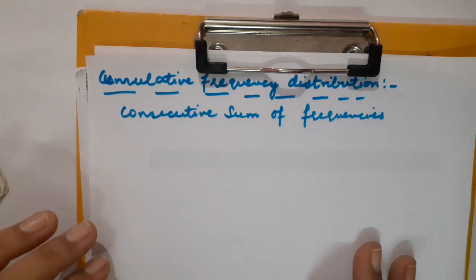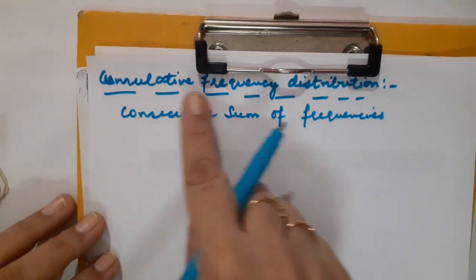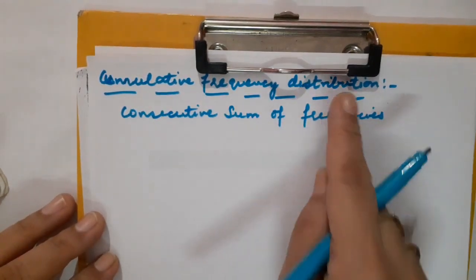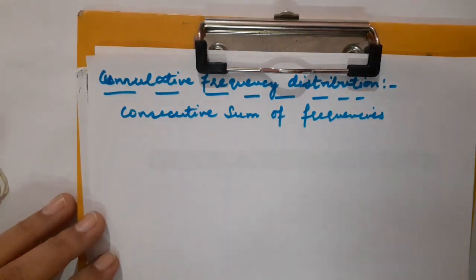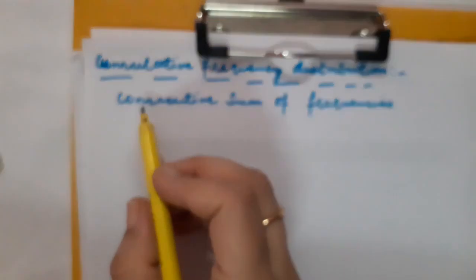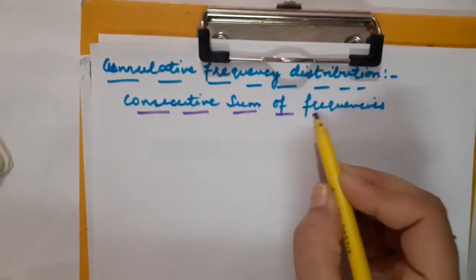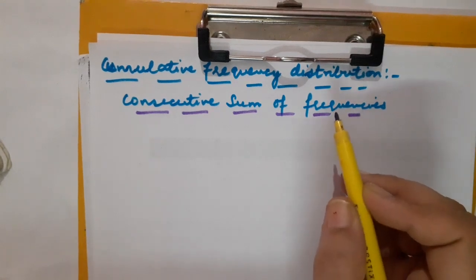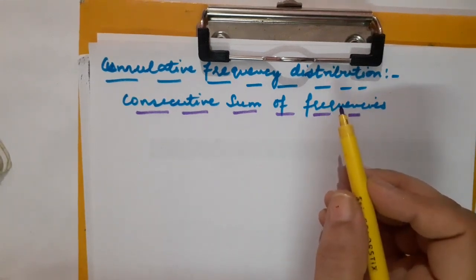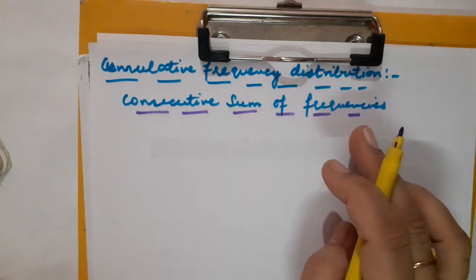For that, first of all, I am going to take the concept of median. Then while taking the example, I will let you know how to make a cumulative frequency distribution table using the less than type. Children, as I have told you, cumulative frequency is basically defined as the consecutive sum of the frequencies. This can also be defined as the sum of all the previous frequencies up to the current point.